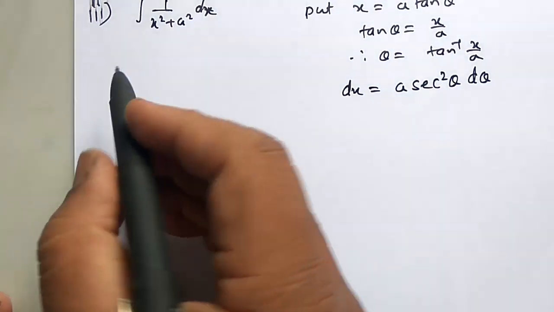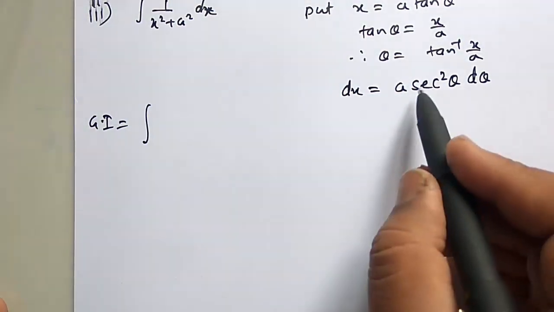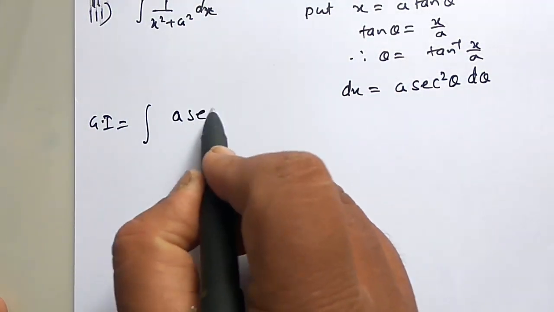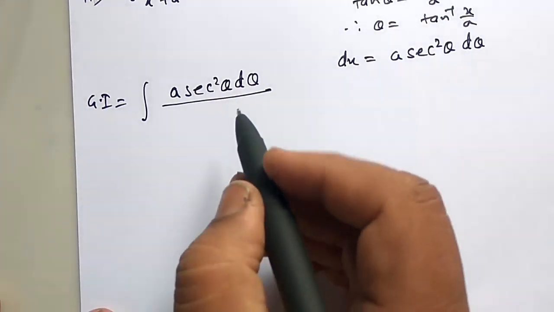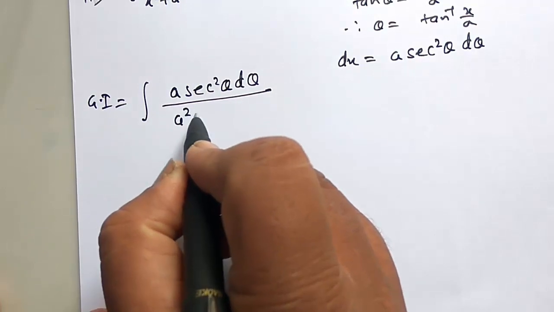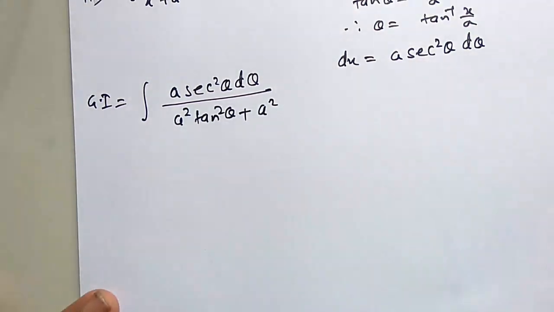Therefore, the given integration becomes integration of dx replaced by a sec square theta d theta upon x is a tan theta, so it is a square tan square theta plus a square.